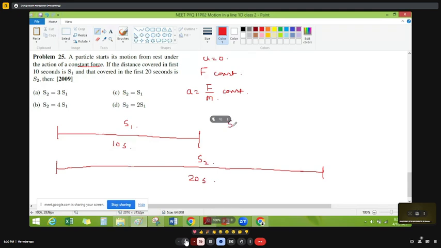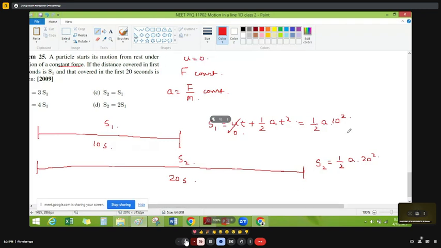Now I can say that S1 is equal to ut plus half at square. I know u is 0, which means this will be 0, which means half a is constant. T is 10 seconds, so that means it will be 10 square. Here they do the same thing, u is 0, half a t square, so 20 square.